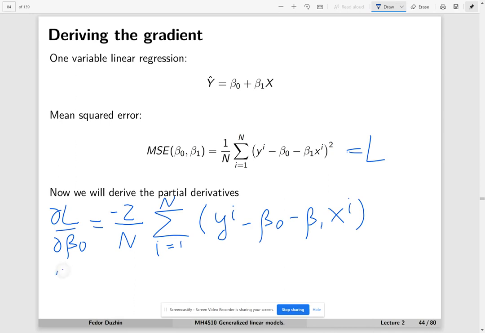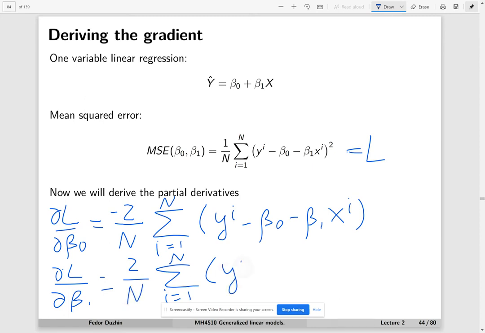Okay, now let me do dL d beta 1. In a similar way, I'm going to have the sum from 1 to n. And again, I'm differentiating the square, so the derivative of it is going to be 2 times. So I'm going to write 2 over n, yi minus beta 0 minus beta 1 xi.